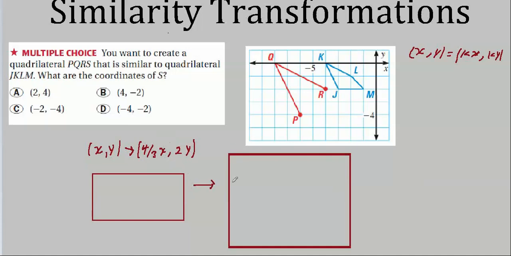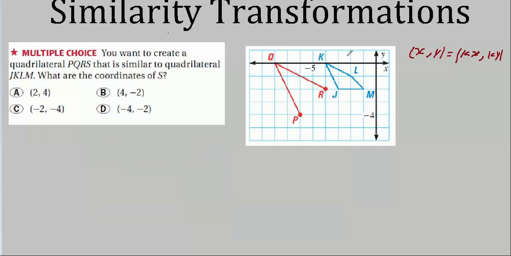And now they're still both rectangles, but that's all you can say. They now have nothing in common. So this is not a similarity transformation. This is not a dilation. K, your multiplier here, has to be the same for both x and y.